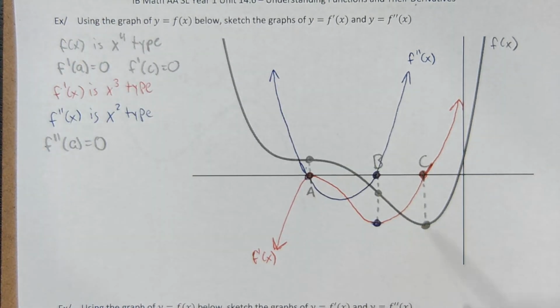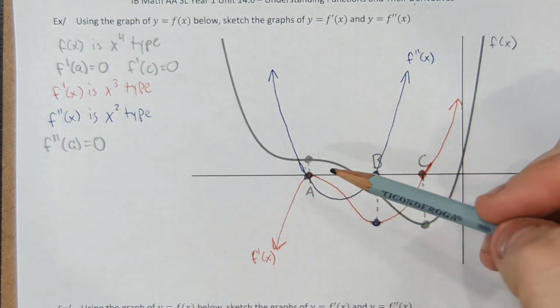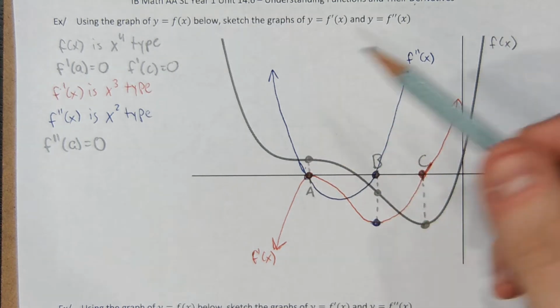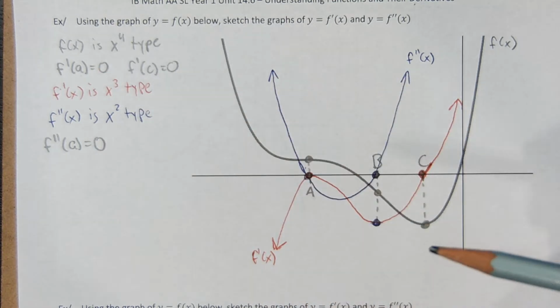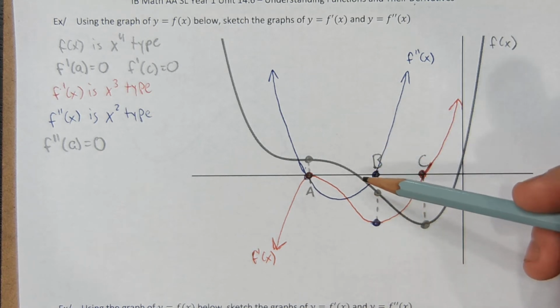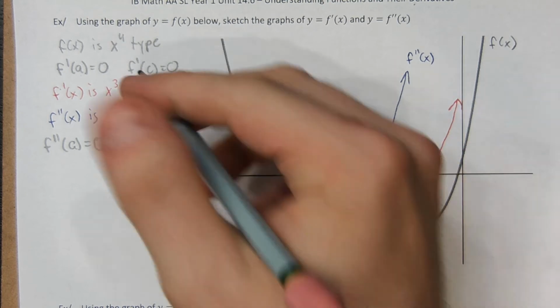So what we have here is a critical value that showed up on the first and second derivative. So A would be a stationary inflection point, which you could see right here in the picture, but there it is showing up in the first and second derivative. And we also had that f double prime of B was 0.